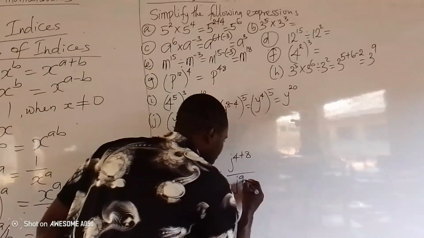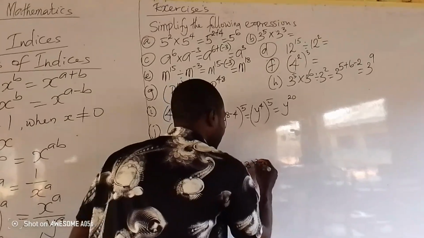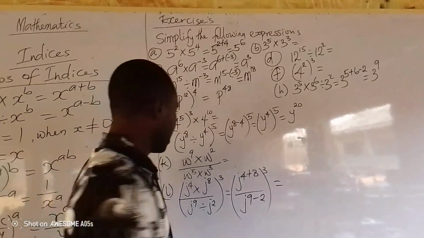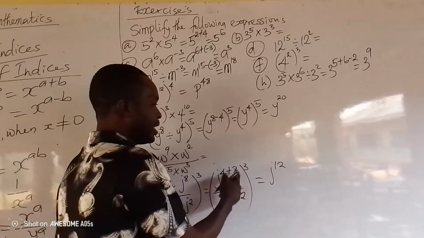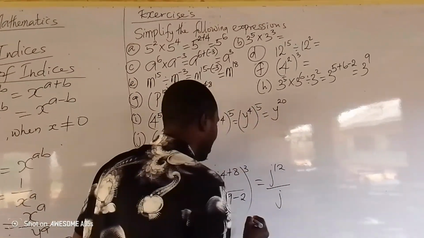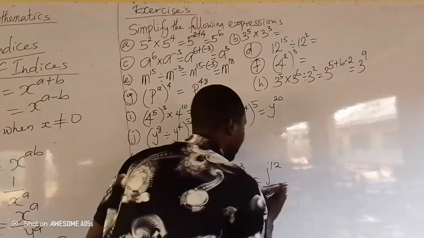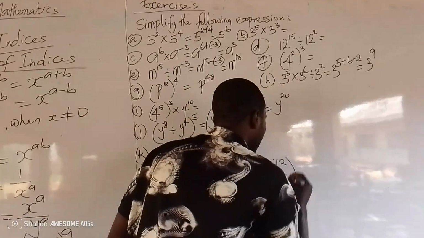Law 2 says we should subtract minus 2, and all raised to power 3. And this is j raised to power 12, that is 4 plus 8, 12, divided by j raised to power 9 minus 2, and that is 7, all raised to power 3.